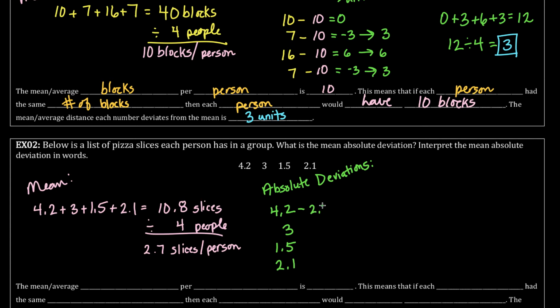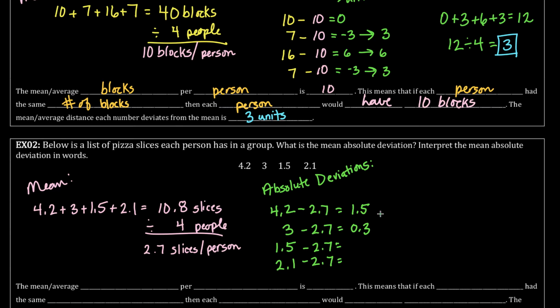So minus 2.7, minus 2.7, minus 2.7, minus 2.7. So 4.2 minus 2.7 is 1.5. We don't have to change that to positive because it's already positive. 3 minus 2.7 is 0.3. Once again, it's already positive. We don't have to change it.